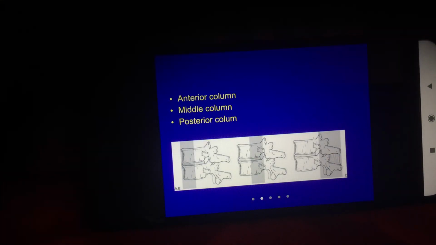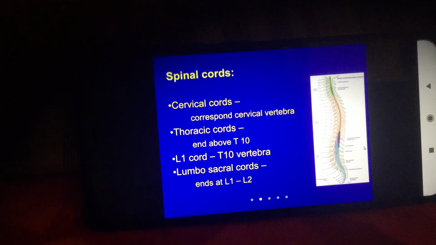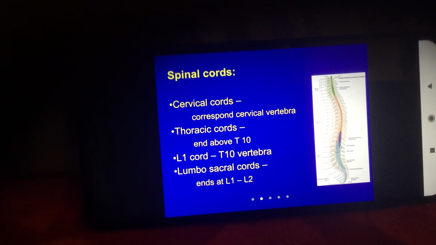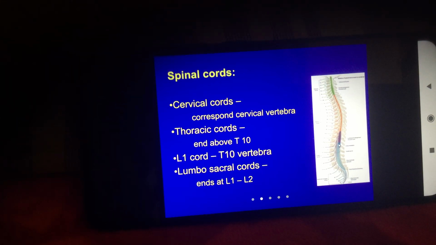Interspinous ligament and supraspinous ligament are also in this posterior column. Okay, let's go back. This is the structure I forgot to tell: the conus medullaris. Here the spinal cord ends, and the conus medullaris is a triangular structure. From the conus medullaris down, the cauda equina comes.